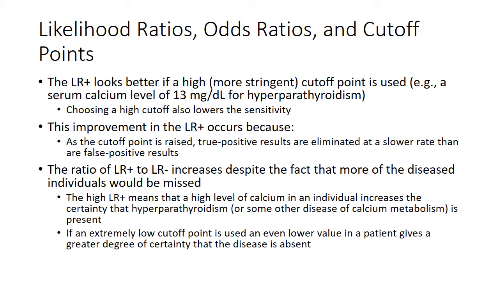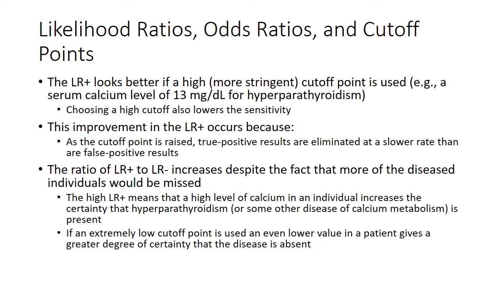So for those who have a level of 13 or higher, you can be pretty well sure that they probably have the actual disease. And so again, the ratio of LR positive to LR negative is increasing, despite the fact that you're probably missing more of those diseased individuals, because having a high likelihood ratio positive, having that high level of calcium in an individual, would increase the certainty that they actually have hyperparathyroidism, or at least some other disease that would indicate calcium metabolism aberrations.